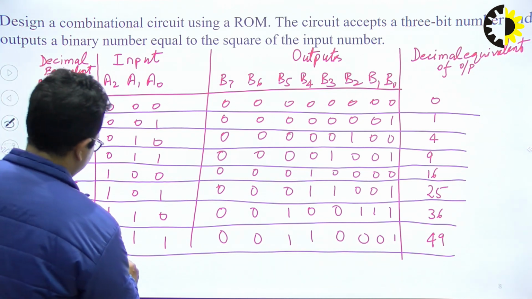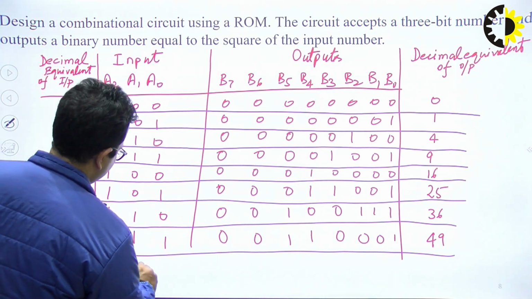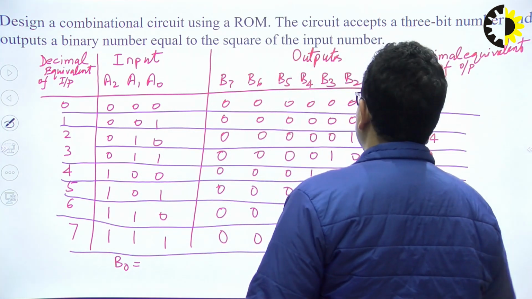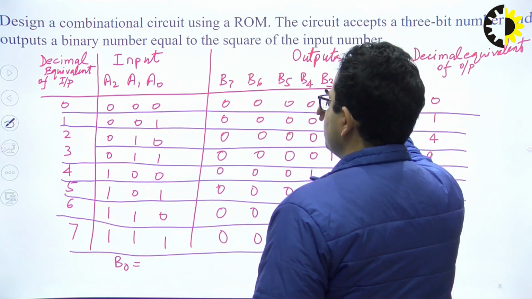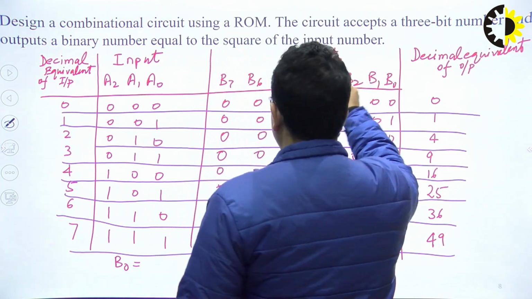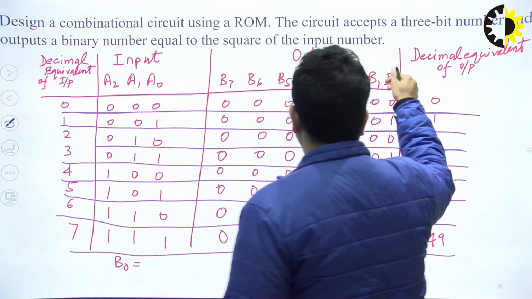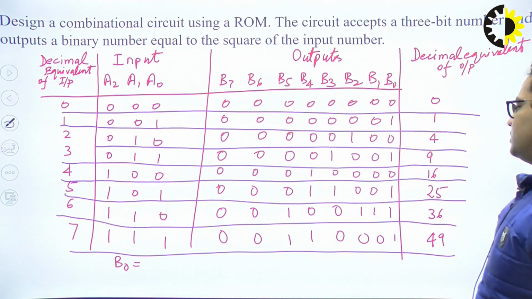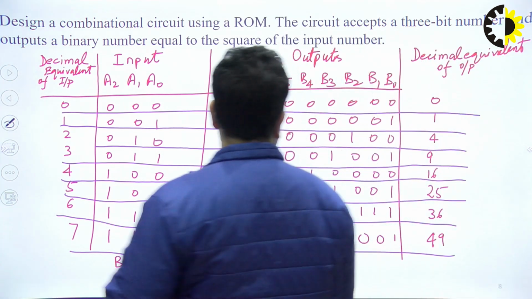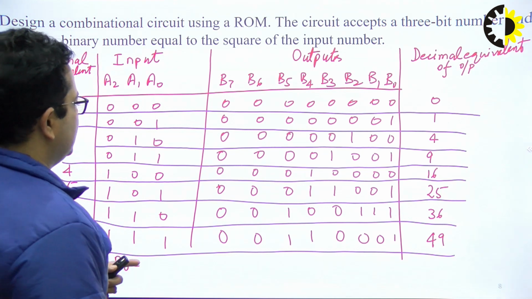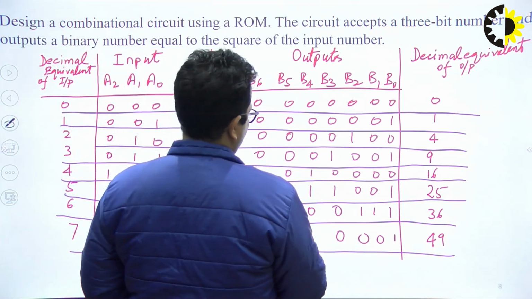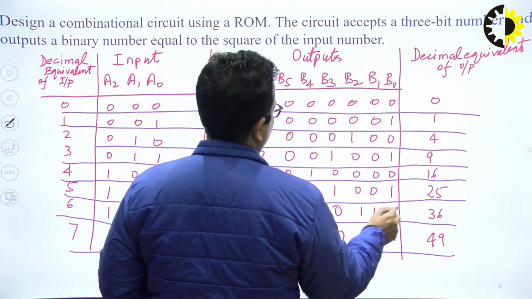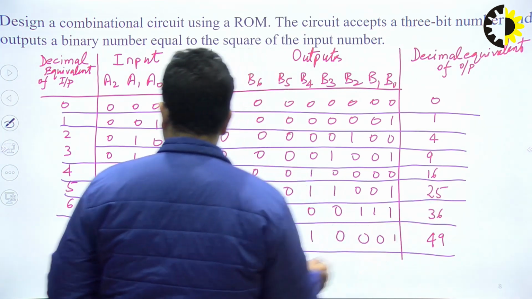So now let us first try to write B0. If you closely observe, you can get B0 from A0, because B0 follows A0. You can see that it is a sequence of 0, 1, 0, 1, 0, 1. On this side we have 32, and 2 to the power 5 is 32. 32 plus 4 is going to give 36.